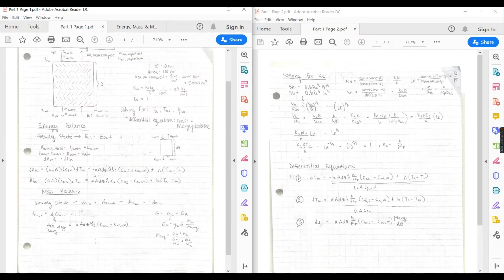So once we have our equations for the energy balances of the system, now look at the mass balance.